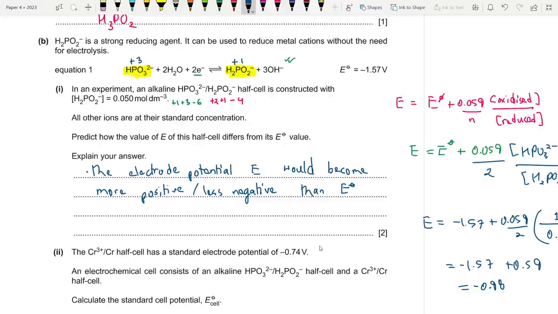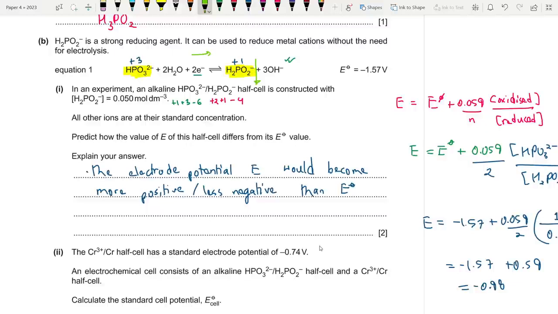So they do allow explanations using the Nernst equation, but recently I've seen that they've been using equilibrium. Okay, in what sense? Check this out. You've decreased the concentration of this, right? As a result, the equilibrium will shift to the right hand side. Okay, as you've increased the product, the equilibrium shifts to the right hand side. So what has happened?